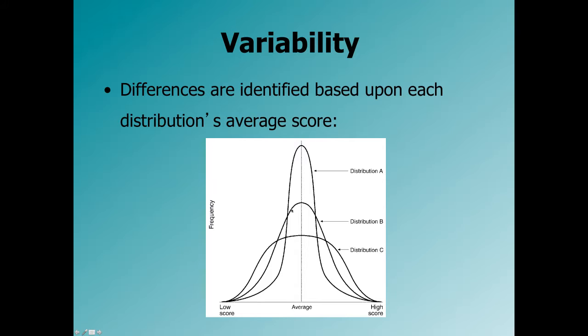In distribution B, you have a nice spread. So this one, distribution B, looks kind of like a normal distribution. So that means that the variability is as normal as to be expected. And that's why it's not very tall, it's not very short, it's not very wide. It looks pretty normal. On distribution C, though, look how flat the top looks.